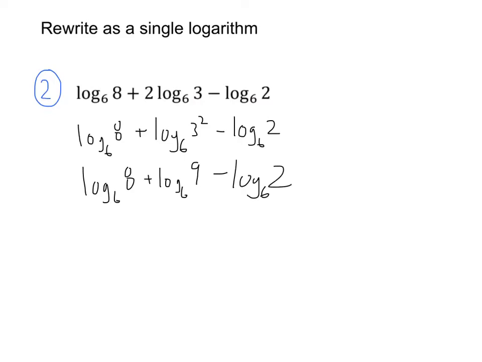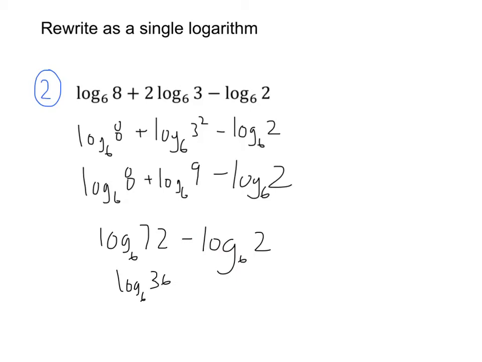And then we can keep on simplifying this. I can add these two logs: log base 6 of 8 plus log base 6 of 9 is equal to log base 6 of 72. Now, subtracting log base 6 of 2, when I subtract, this is going to be a division. So this is equal to log base 6 of 36, since 72 divided by 2 is 36.